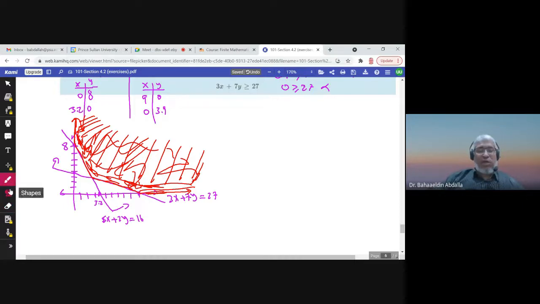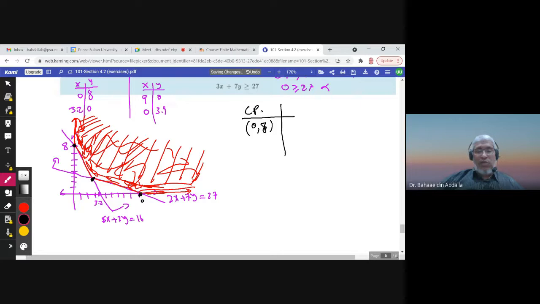It's clear that this region is unbounded and not closed, and that this is a corner point, and this is another corner point, and this is another corner point. So there are 3 corner points of this region. So let us write the corner points. Here, 0, 8 is a corner point, that's clear. And this one, 9, 0, is another corner point.